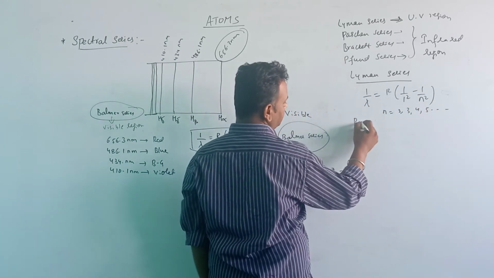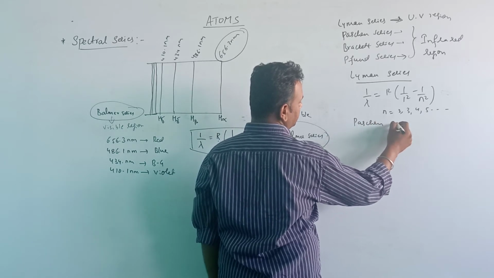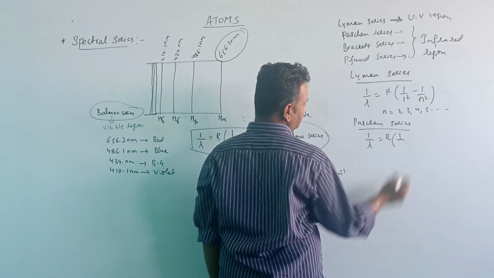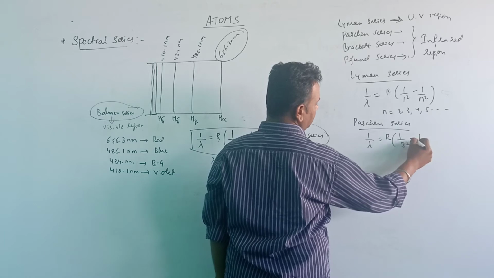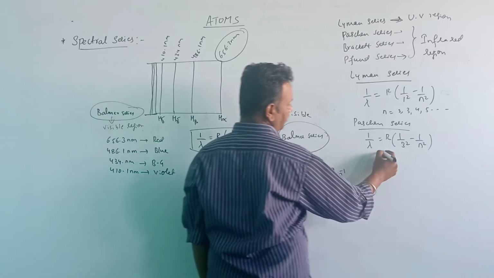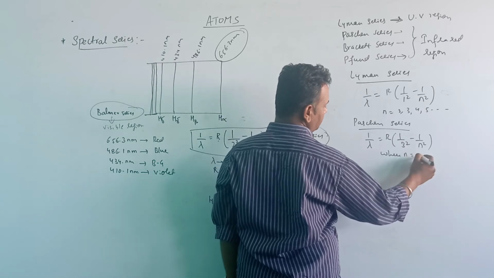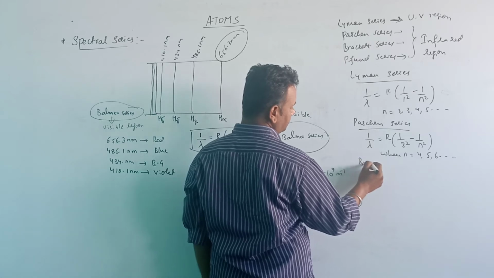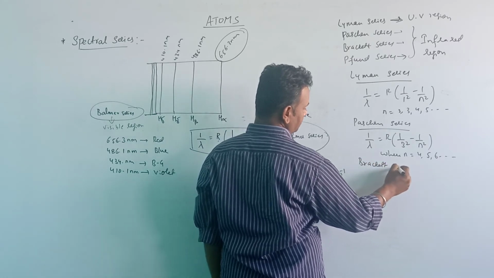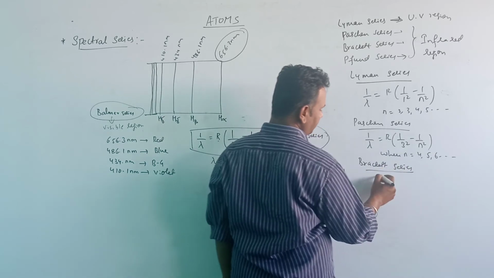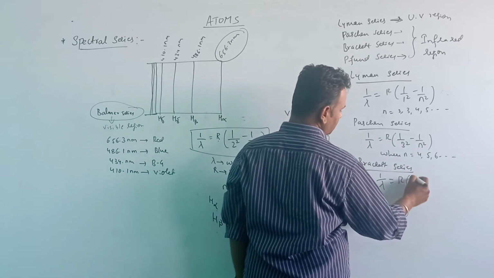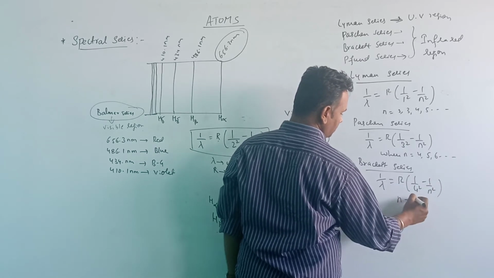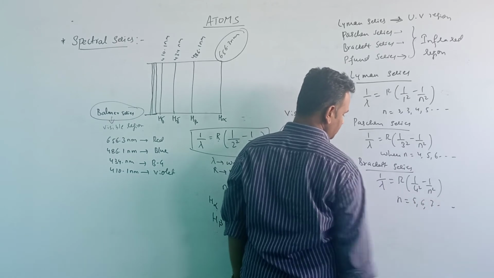For the Paschen series, 1 by lambda equals R into 1 by 3 square minus 1 by n square, where n equals 4, 5, 6. Similarly for Brackett, 1 by lambda equals R into 1 by 4 square minus 1 by n square, where n equals 5, 6, 7.